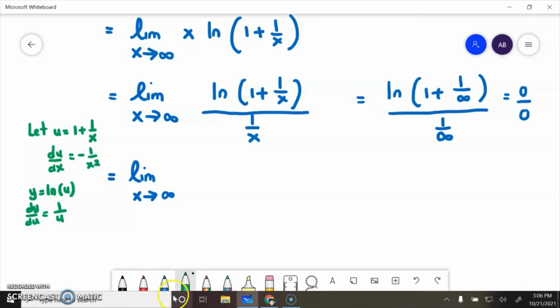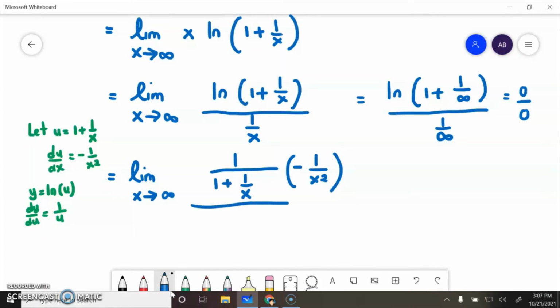By taking the chain rule, you will have 1 over (1 plus 1 over x), that's my 1 over u, and then I have this term du/dx, which is negative 1 over x squared. Now divide by, bear with me class, 1 over x, you will have negative 1 over x squared. So this is the term that happens here.